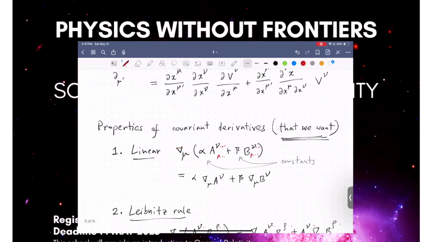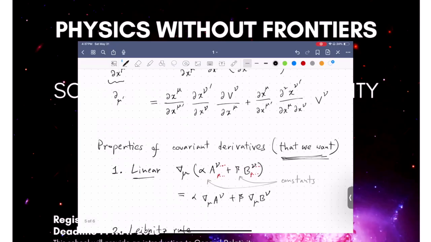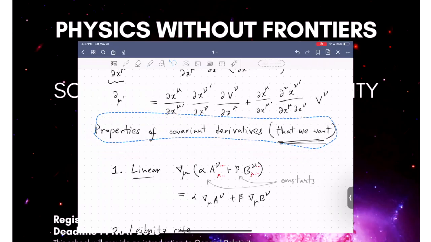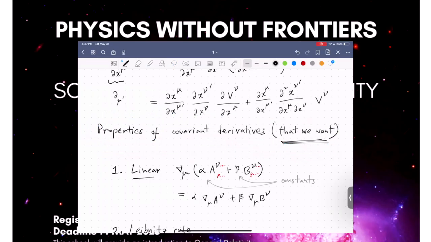I forgot to mention a very important part of this definition. What do we even mean by a covariant derivative? The idea should be that this is an operator that takes a (p,q) tensor and produces a (p,q+1) tensor. And this is implicit in our notation.